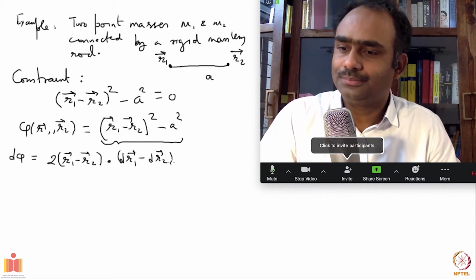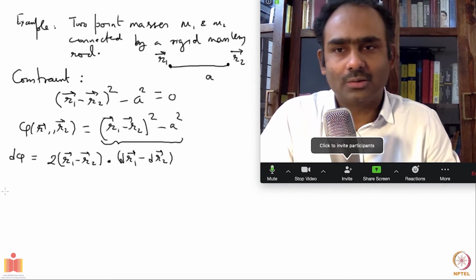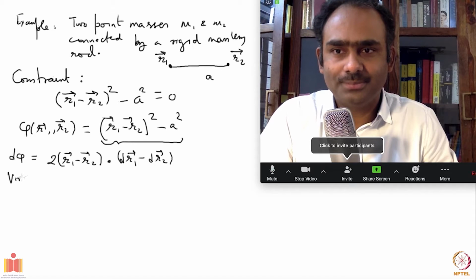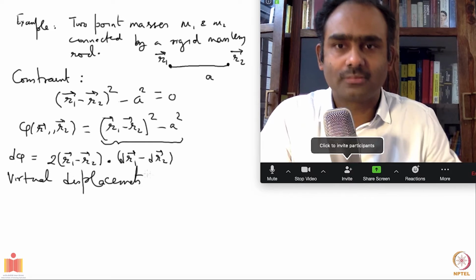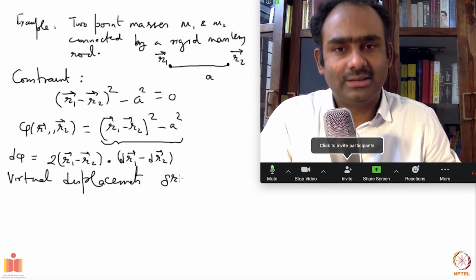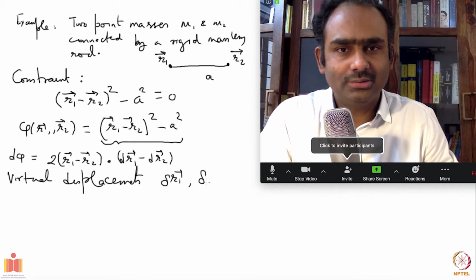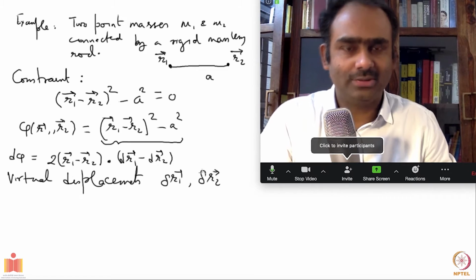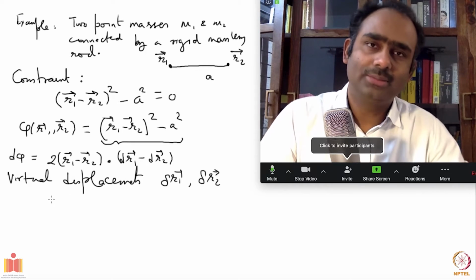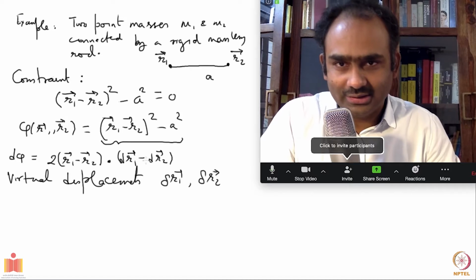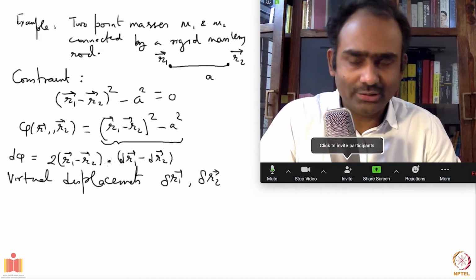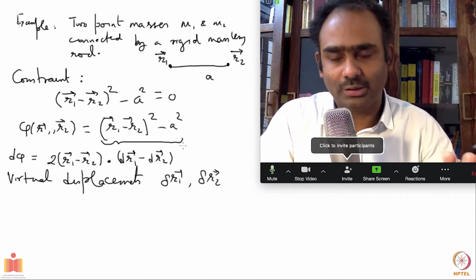Right? So our virtual displacements would satisfy, if I write delta R1 and delta R2 as the virtual displacements, as you already saw in the previous videos, instead of dR1 and dR2, I put delta R1 and delta R2 and equate the d phi to 0.